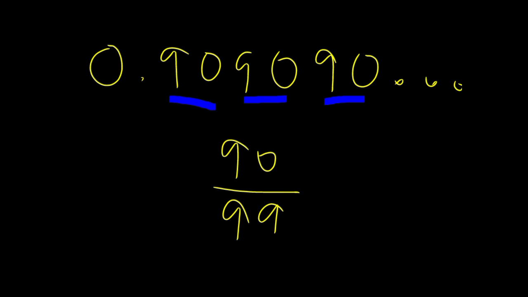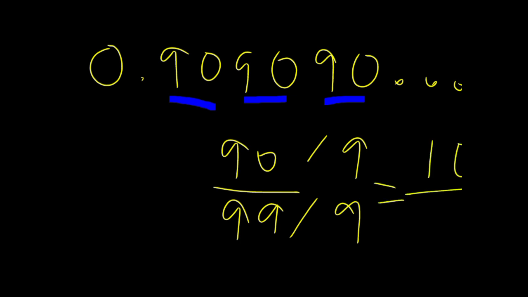So we have 90 over 99. Or we can divide both the numerator and denominator by 9, since 9 is common to them. 90 divided by 9 is 10. 99 divided by 9 is 11. Therefore, the fraction form of 0.909090 is 10 over 11.